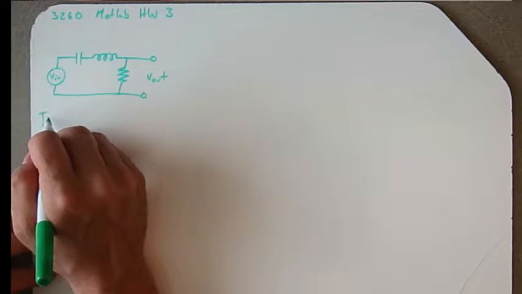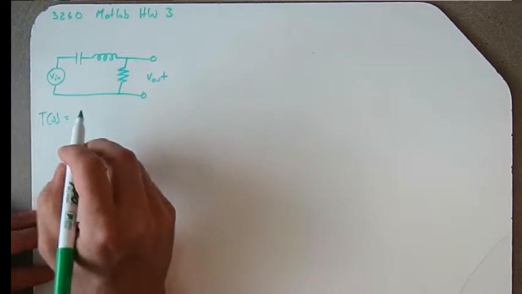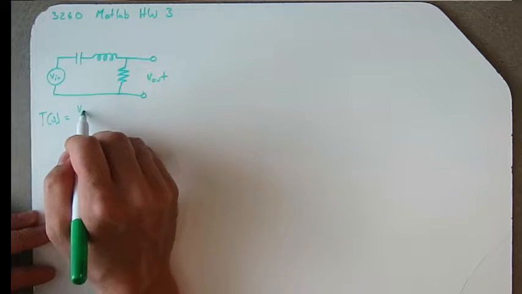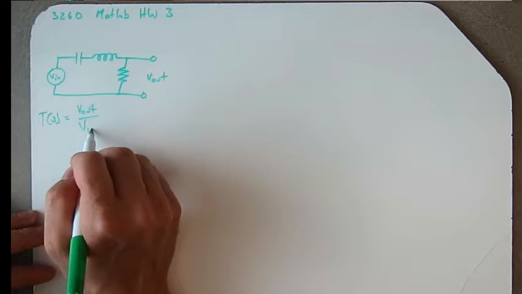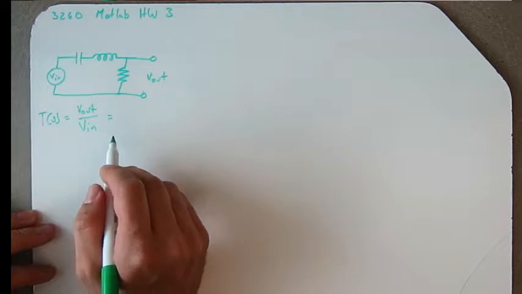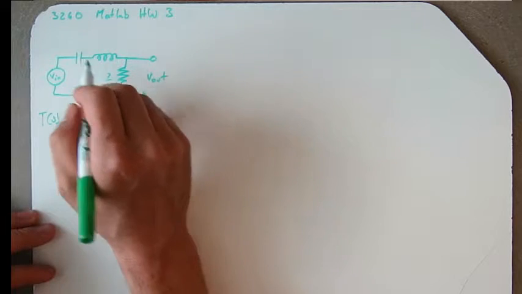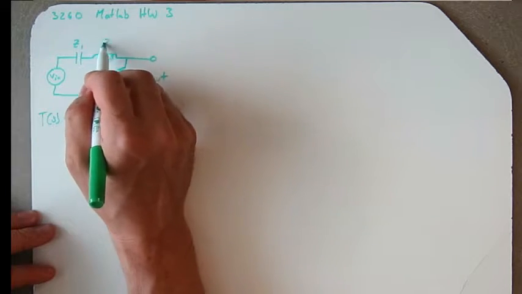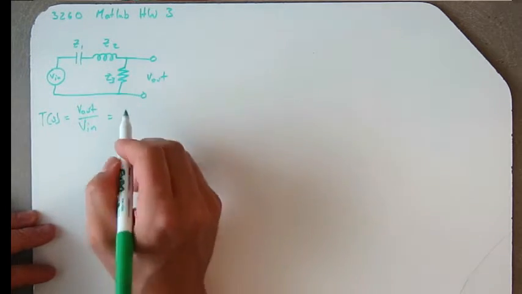So we're saying the transfer function equals Vout over Vin equals, and here let's say this is Z1, Z2, Z3.